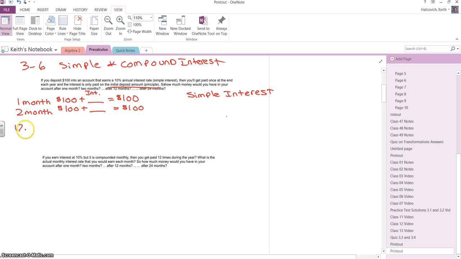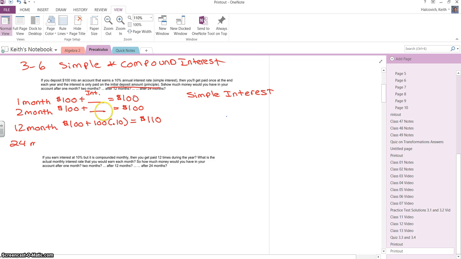It's not until 12 months that you get interest, because you take $100 and you take 10% of that, and that's the amount of interest you get. So adding that to $100 would be $110.